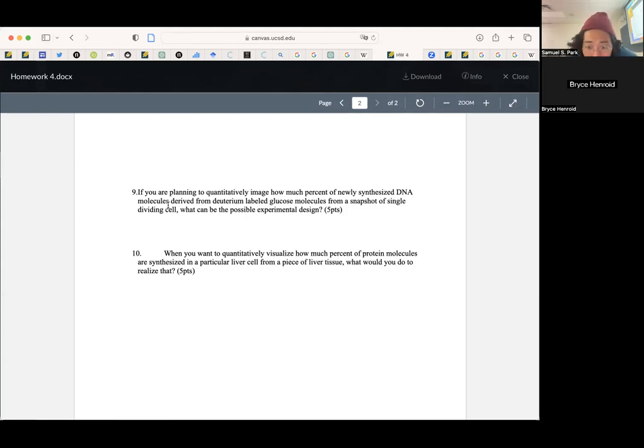So you're trying to, okay, so the question basically is how do you capture newly synthesized DNA using deuterium labeled glucose? And what is the percentage of these glucose molecules that you need in order to capture that?